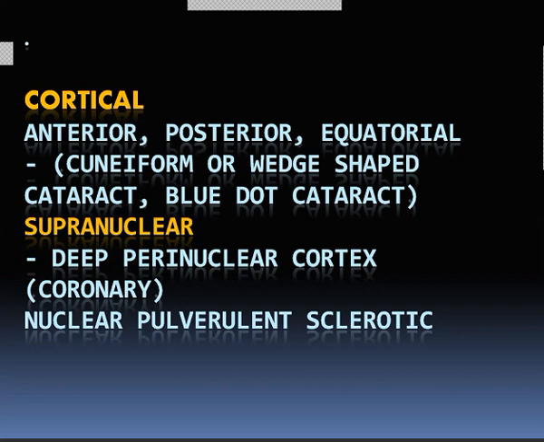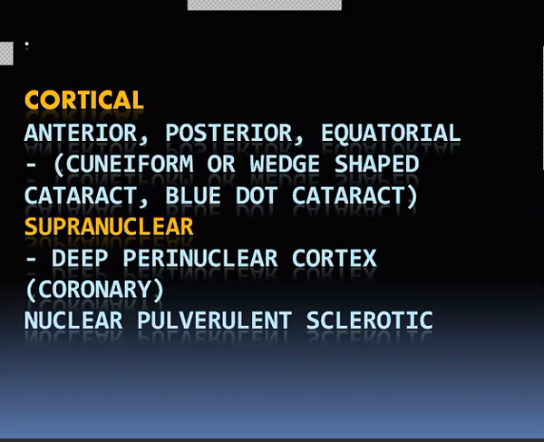And the cortical cataract. In some cases, only the anterior fibers get opacified, whereas in other cases only the posterior layers of the lamella are opacified. And in some cases, only the equatorial region gets opacified.